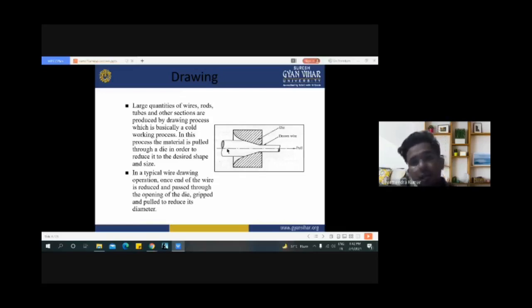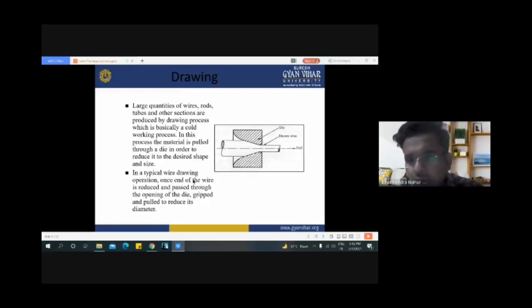But if you're talking about the drawing process, then pulling of the required material is necessary with the help of servo motors from the die, because the die is always placed at the outer side of the overall arrangement. From the drawing process we can make long tubes and long wires. It is very convenient to produce long tubes and long wires.